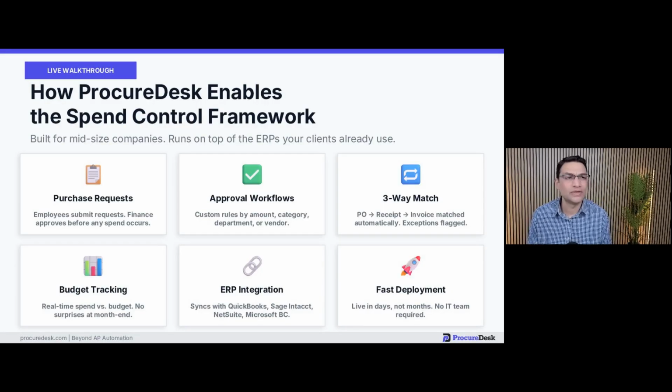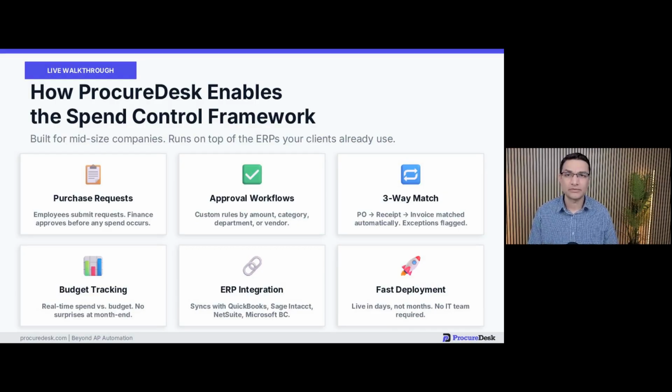So what I'm going to do next is spend maybe 5-10 minutes walking you through what it looks like in real life, an end-to-end process, right? If you build a process using something like ProcureDesk, what to expect. I'll quickly show my screen and walk you through the product itself, but at a very high level, you have this entire process built in: a purchase request process for employees to submit the request, an approval process based on dollar amount, category, department, you name it.